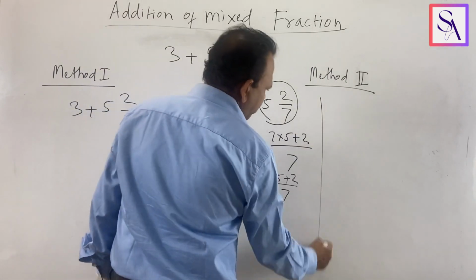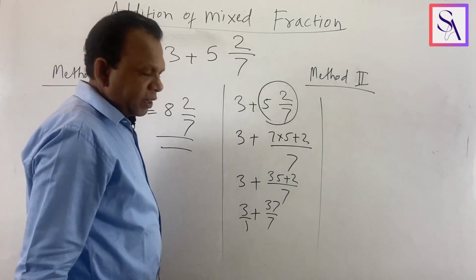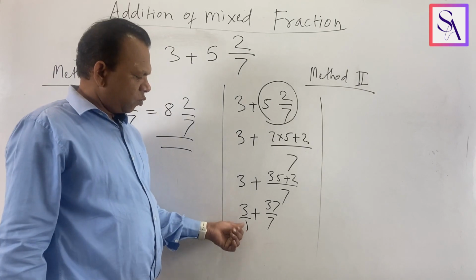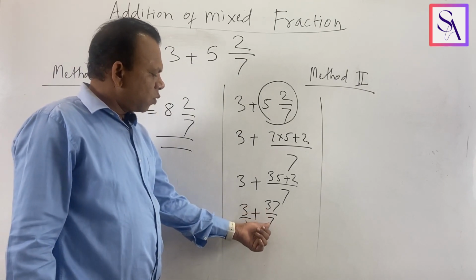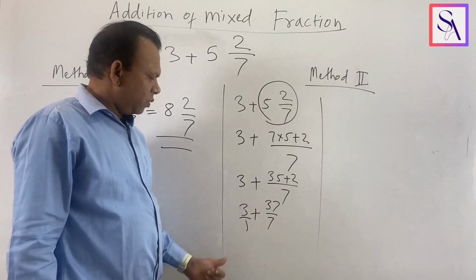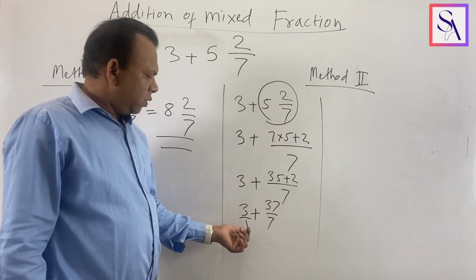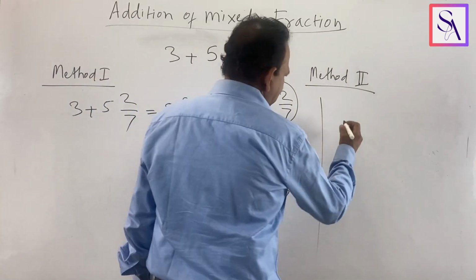So now below 3, 1 is there, we have seen that invisible 1 is there. So now these two fractions are there, these are unlike fractions. So either I will do cross multiplication or I will take LCM. So whatever way you want. Since this is a prime number, I will do cross multiplication, that will be simple.